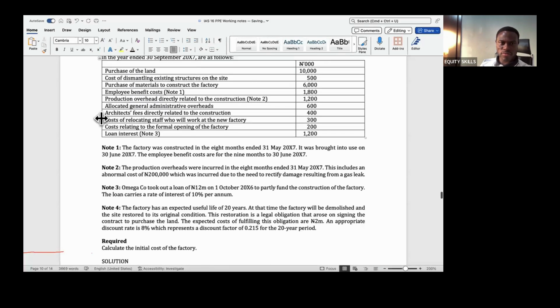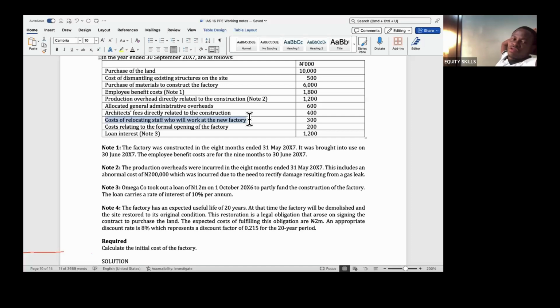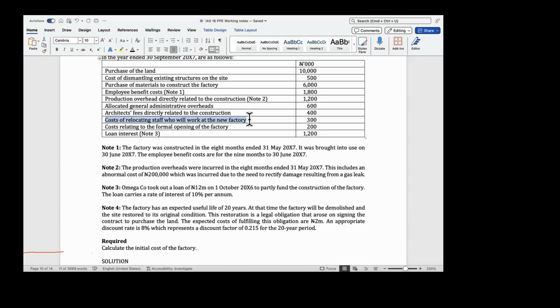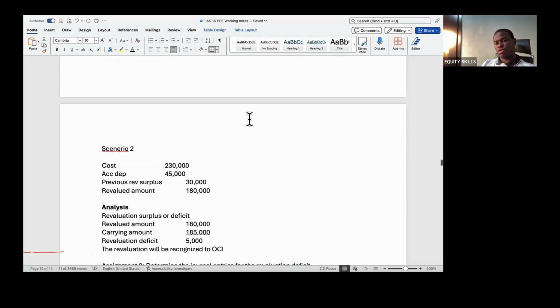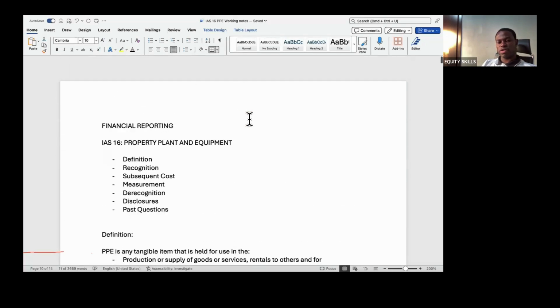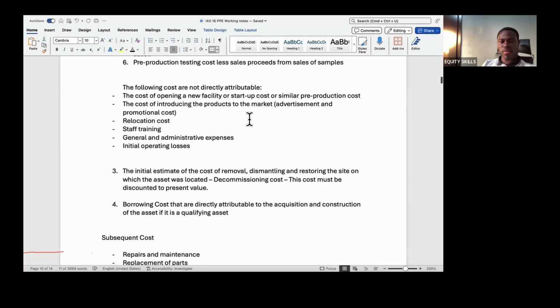What's the next one? Cost of relocating staff. What do we do to this? It should be capitalized, I say, as a directly attributable cost. Let me show you. It should be expensed now. Exactly.